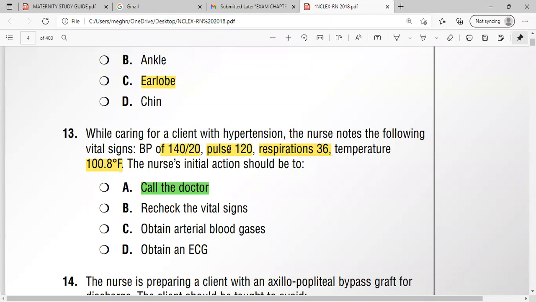Also, the patient has tachycardia and tachypnea because the pulse rate is 120 and the respiratory rate is 36. So the next action after obtaining these vital signs is to notify the doctor for additional orders. The doctor may order arterial blood gas analysis for the next steps.